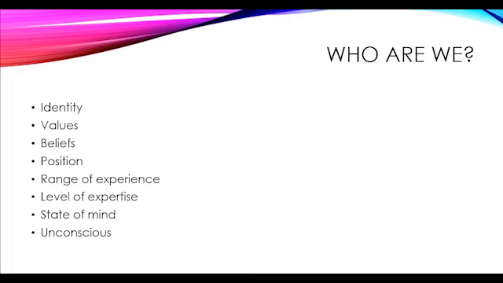Can anybody think of any other reasons why our unconscious is important in terms of evaluating ideas, apart from familiarity? Well, familiarity is one thing. The confirmation bias is another thing. So the confirmation bias, if I'm expecting you, because I think you're a brilliant student, I already have that bias in my mind. I think you're a brilliant student. You put forward an idea. I'm more likely to think that idea is a valuable one because I'm expecting it.